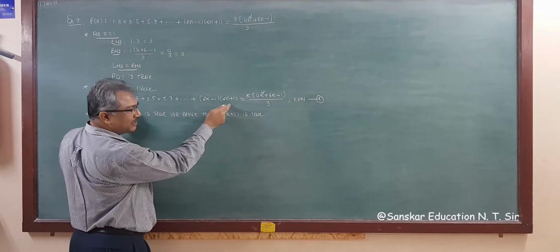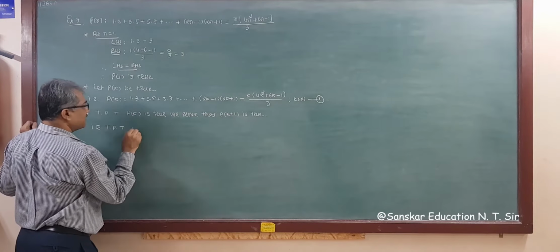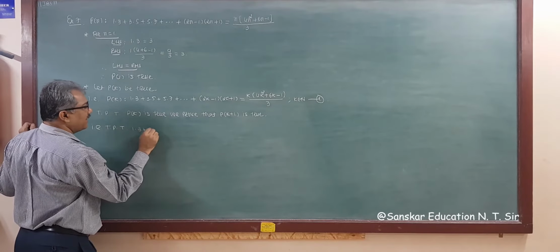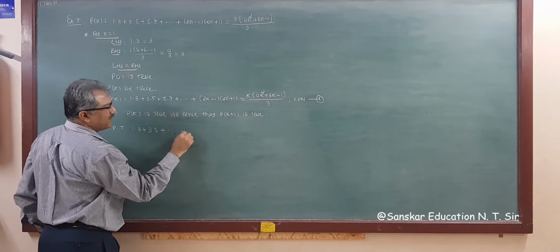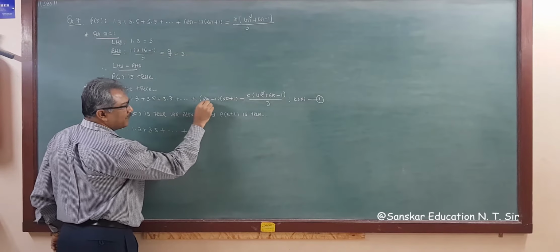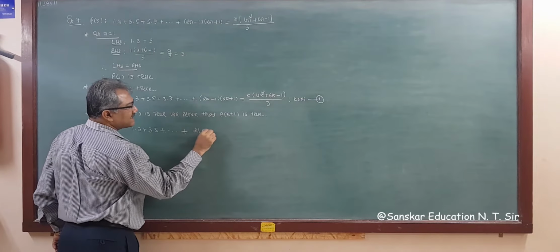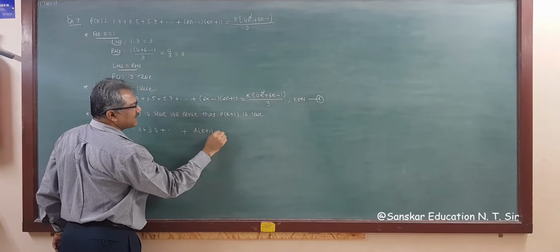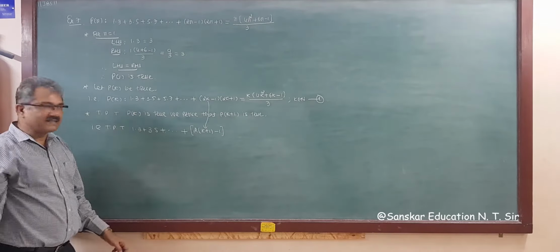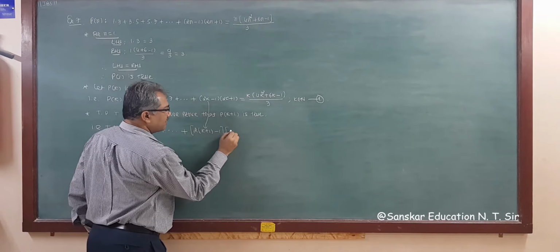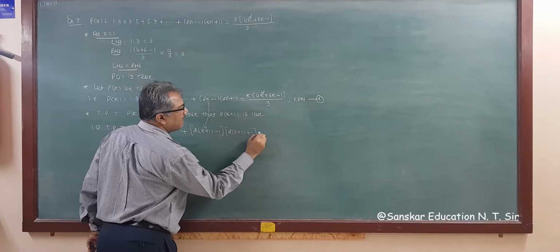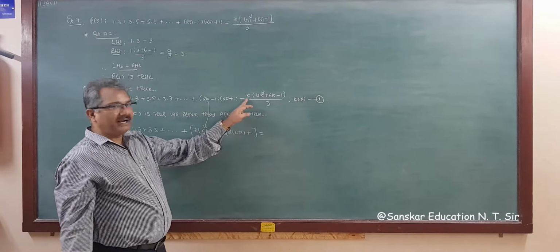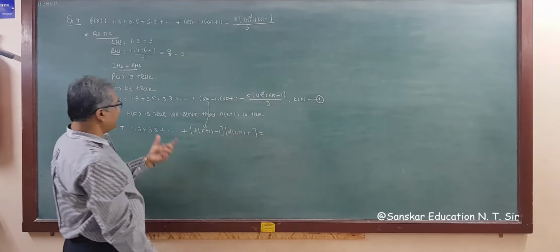Write down left hand side of Pk as it is. So to prove that 1 into 3, 3 into 5 plus, I am writing this term, plus dot dot, now replacing this k by k plus 1. Got it? We are replacing this k by k plus 1.